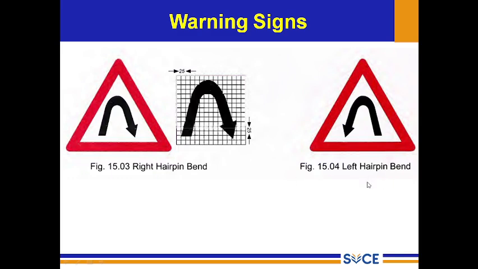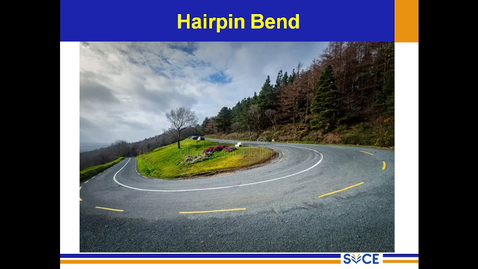The left hand hairpin bend curve is in the reverse direction, and all other things are the same. This is a typical hairpin bend in a hilly area. Usually it is located in hilly areas. On either side, in either direction, you need to keep this signboard.